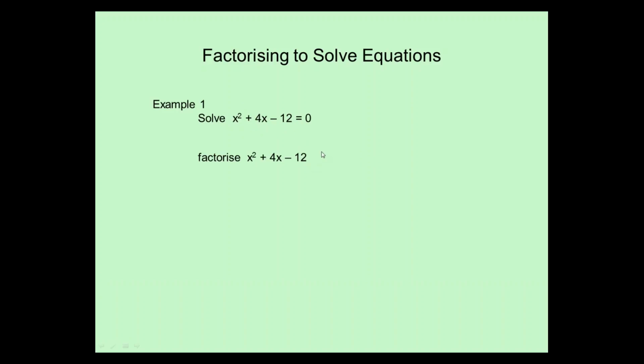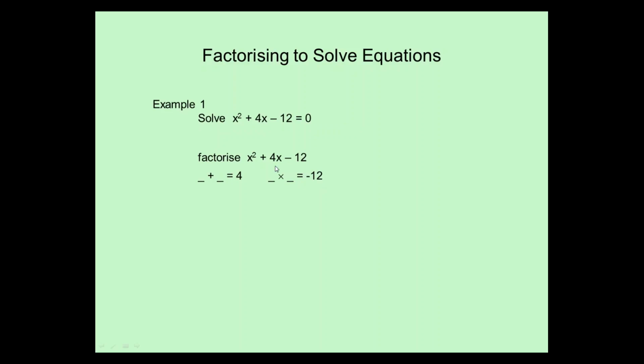To factorise this, the traditional way that we say is to think about 2 numbers that add together to get the 4 and multiply together to get the minus 12. They're expected to use trial and error to think, okay, what 2 numbers?